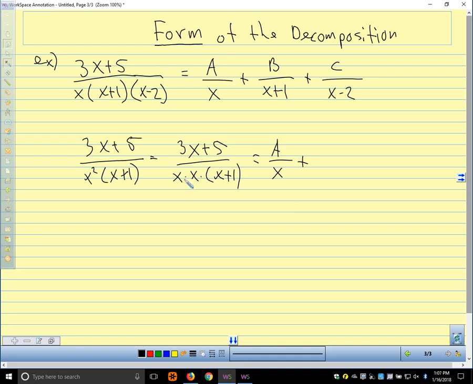I need to include one partial fraction for the x times the x. So this is to the second power, so I need to include a partial fraction for this all the way up to whatever power this is. And we need to include a partial fraction for the x plus 1. So since this is x squared, we need to include an x and an x squared.